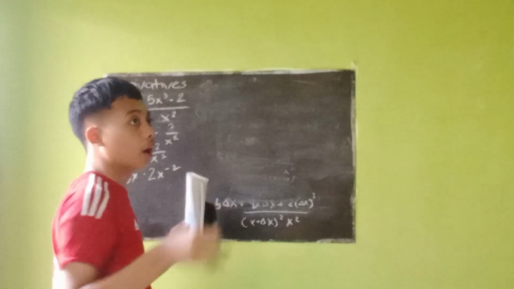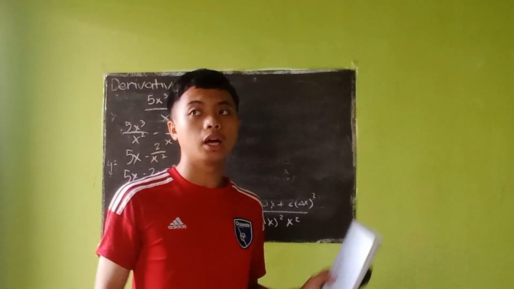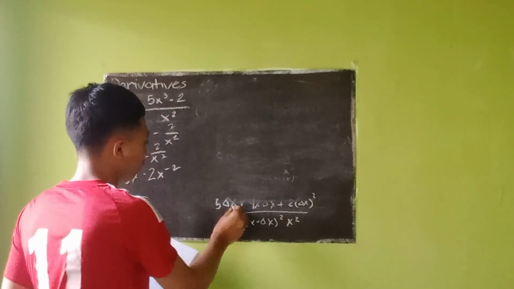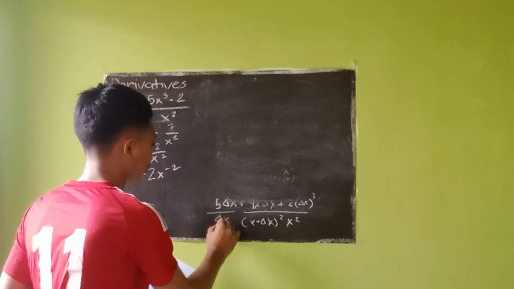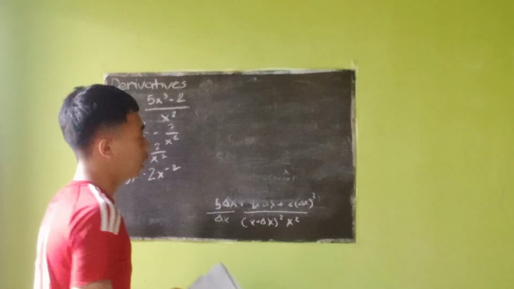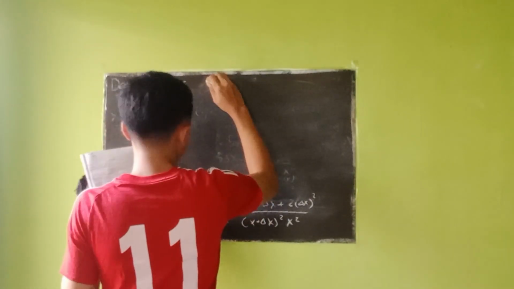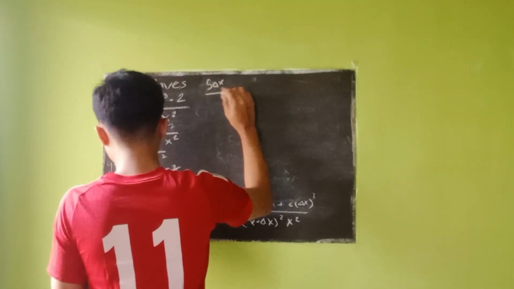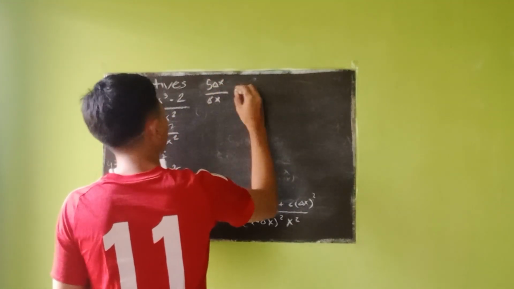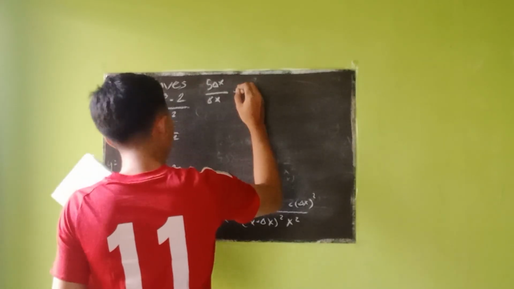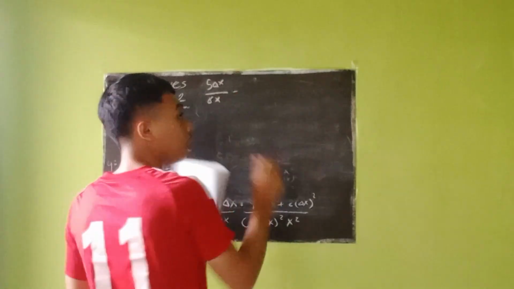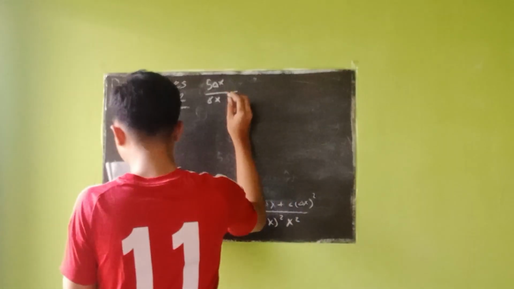We can now put the delta x in the denominator, which also makes this one already have a delta x. So let us rewrite that. We have 5 delta x, then delta x. Now the purpose for this is that you will be able to cancel out one of the remaining delta x or reduce it.